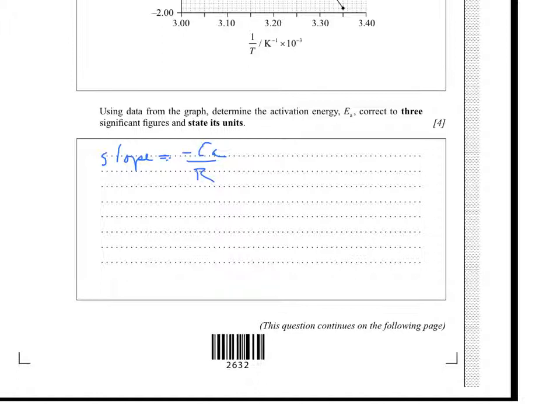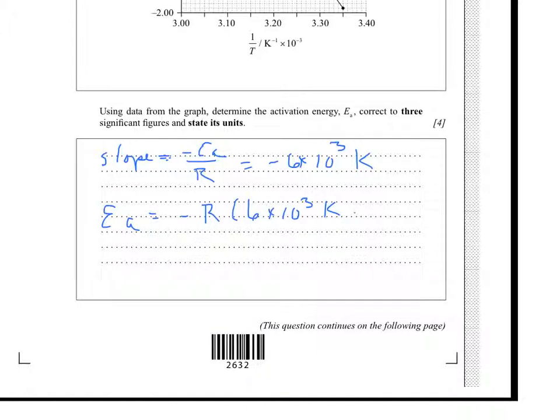You should get something close to negative 6 times 10 to the third. So to get the activation energy, it is going to be negative R times 6 times 10 to the third. The units here, I believe, are Kelvin.